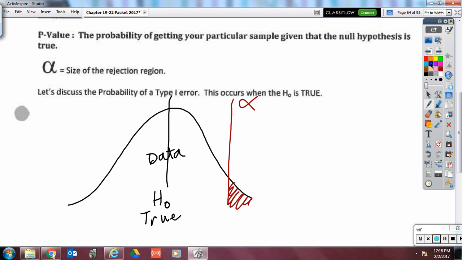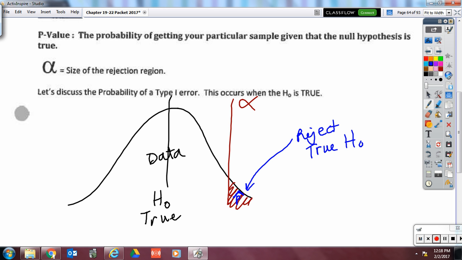So here's my question: where is the sample that causes a type 1 error? In the rejection region, which is the size of alpha. Good. So here is the sample that makes me reject a true null hypothesis.